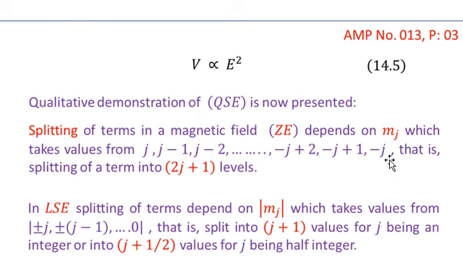That is, there will be 2j plus 1 values of mj. That is, the J degeneracy is lifted into 2j plus 1 sublevels. This is what we have seen in the case of the Zeeman effect.